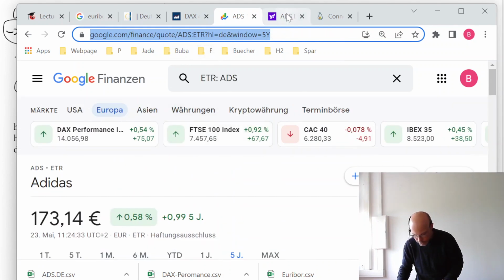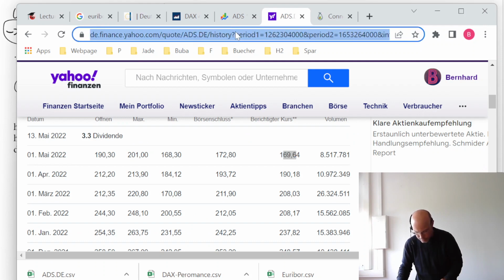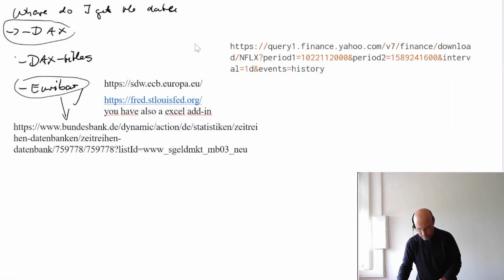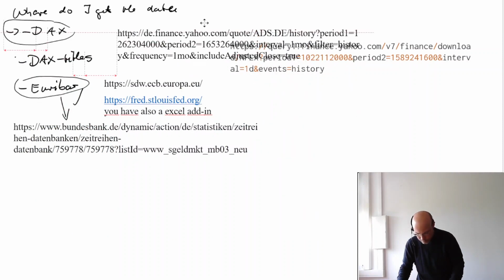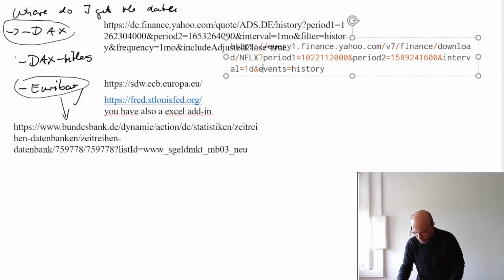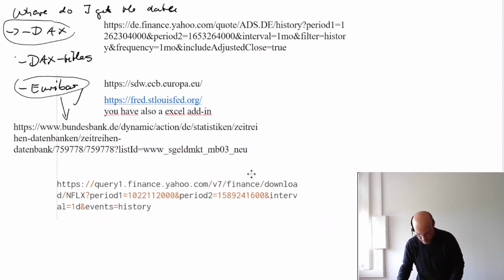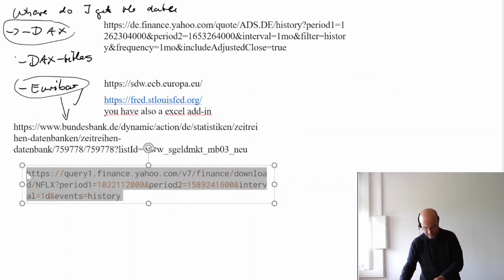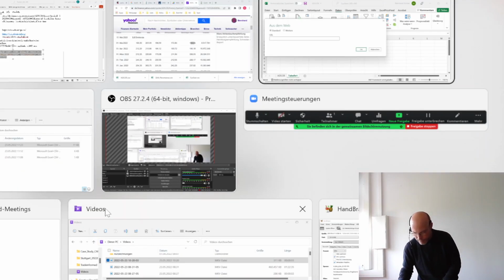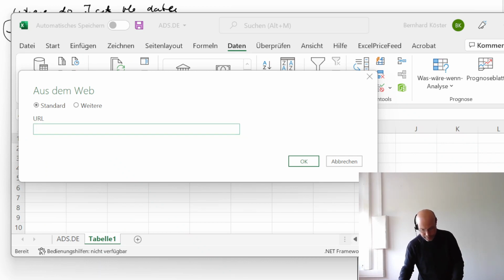This is Google Finance. This is the Yahoo Finance link. This one, or this is directly from the web. And well, let's just see what we will find if we take this link and put it in here.